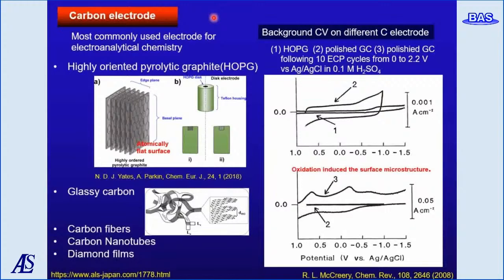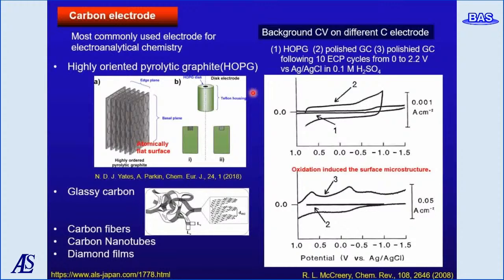As a carbon electrode in the laboratory, a highly oriented pyrolytic graphite electrode that provides an atomically flat surface is used. The electrode is composed of two-dimensional sp2 carbon graphene planes, which are oriented in a superposed manner, resulting in a significant difference in conductivity between the in-plane and perpendicular directions.